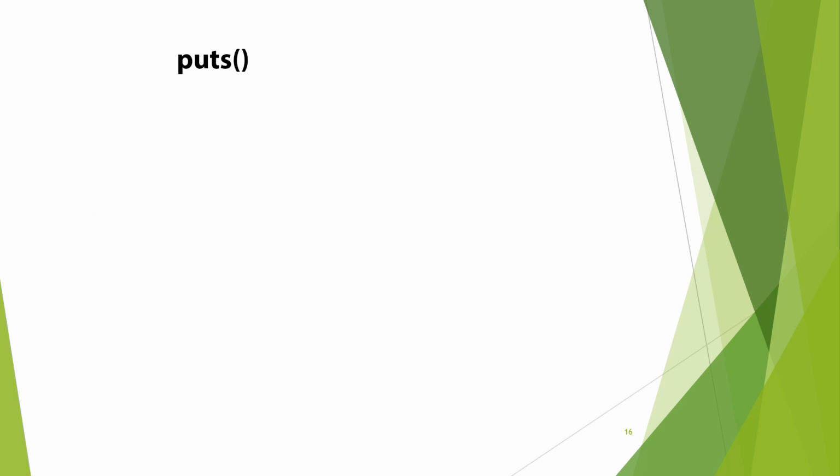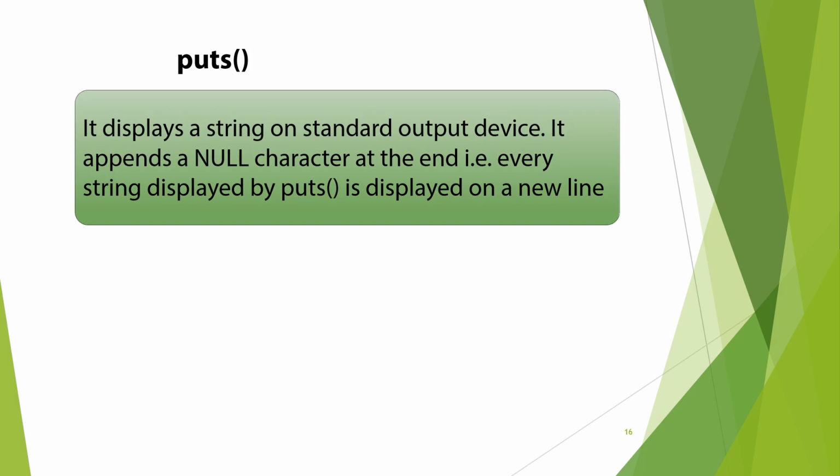Now the second function, for displaying a string on the standard output device, is puts. What is the function of puts? It displays a string on the standard output device. Again, like gets, it appends a null character at the end of every string. Therefore, whenever we are using the puts function, every time the string will be displayed on a new line.